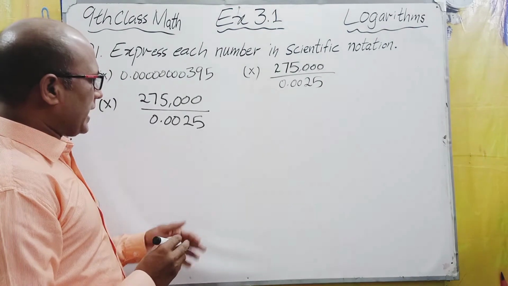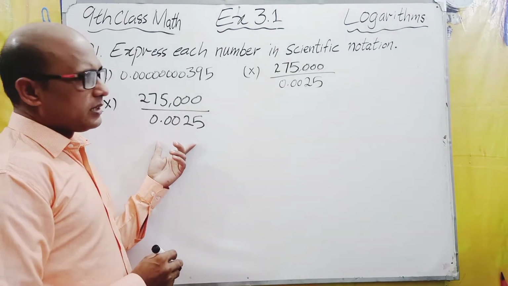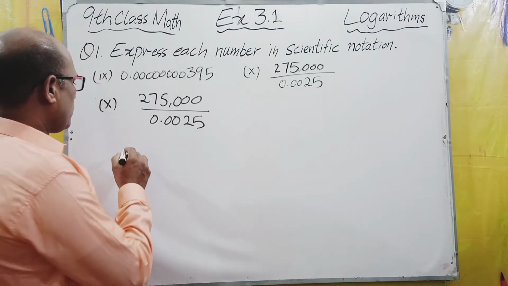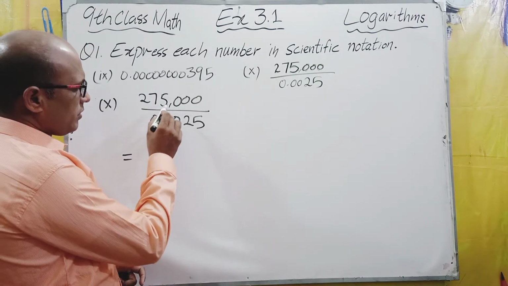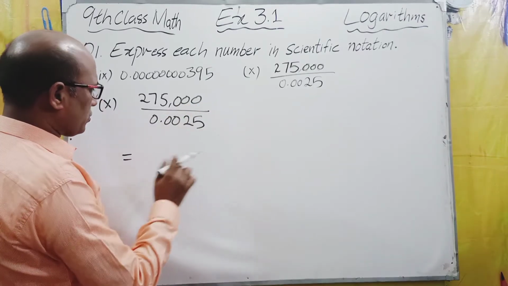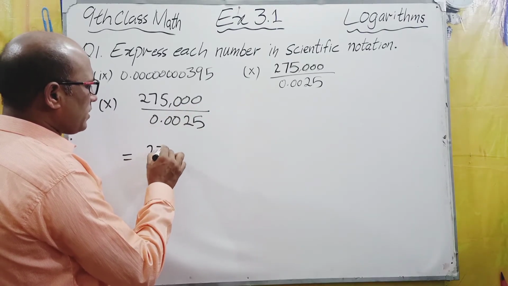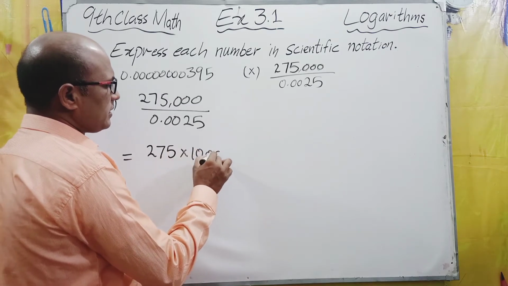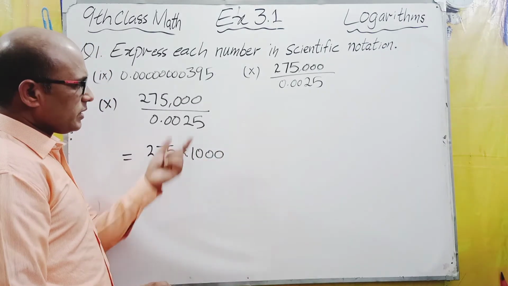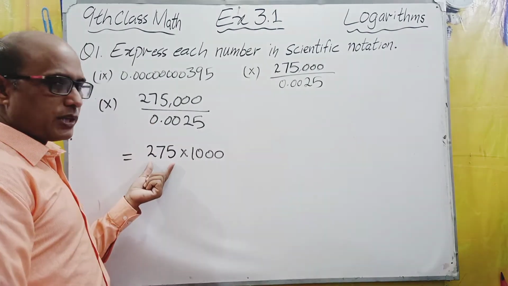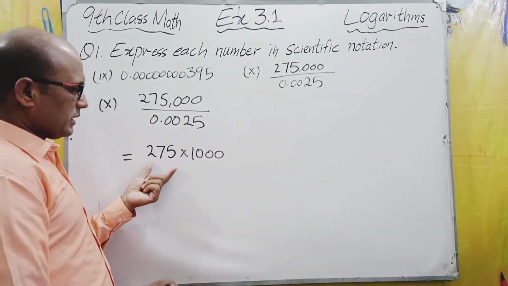We have to express this number in scientific notation. So let's do it. First of all, we'll separate these three zeros. It will become 275 multiplied by 1000. We have separated them from the number 275.